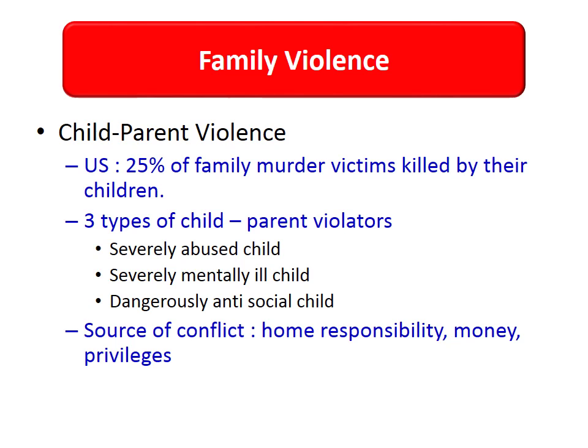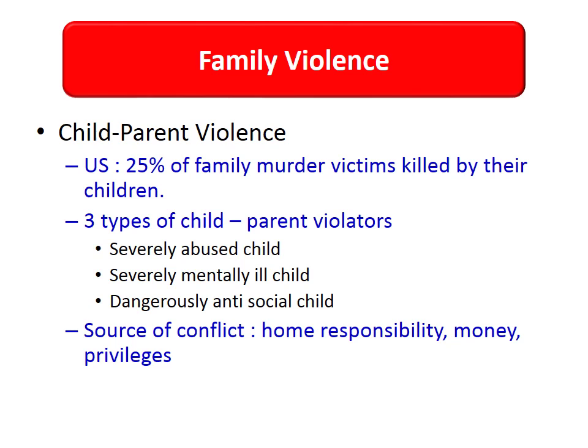Firstly, the severely abused child who feels the need to seek revenge or protect himself against a parent who is a perpetrator. The severely mentally ill child who may not understand the consequences of his actions.